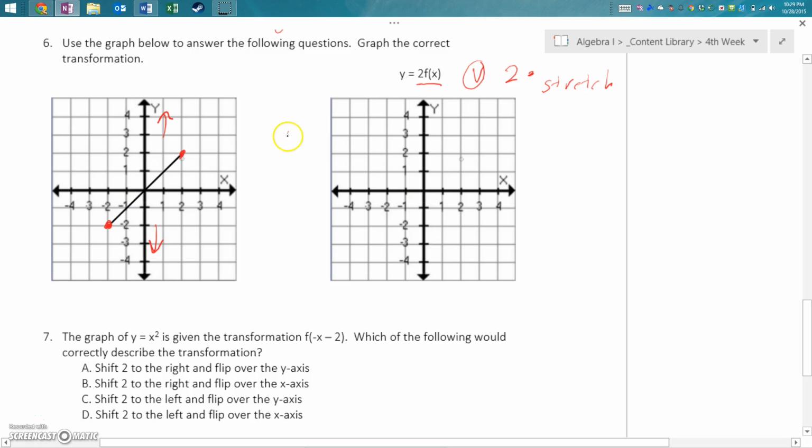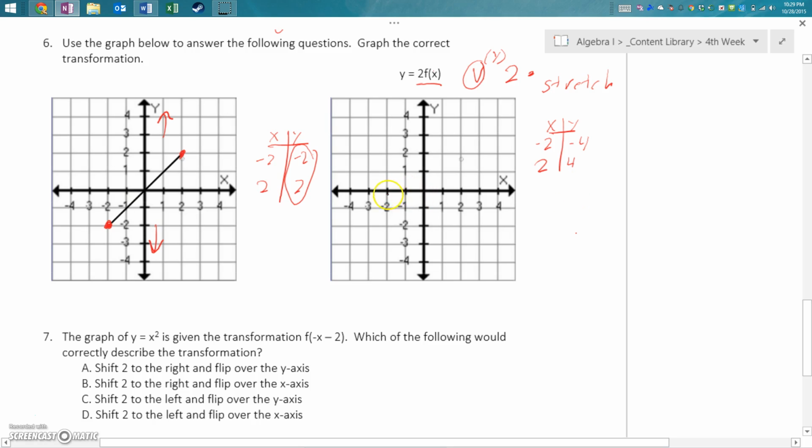Now to give you actual values, x, y, I'm going to use just those 2 points, -2, -2, 2, 2. And now because this is vertical, that's going to be affecting my y values, I'm only going to change the y values. So I'm only going to multiply with 2 for these y values here. So 2 times -2, there's a -4. 2 times +2, that's going to be a +4.